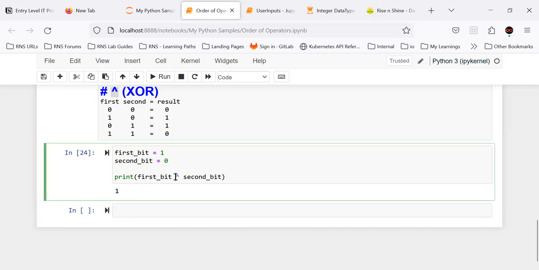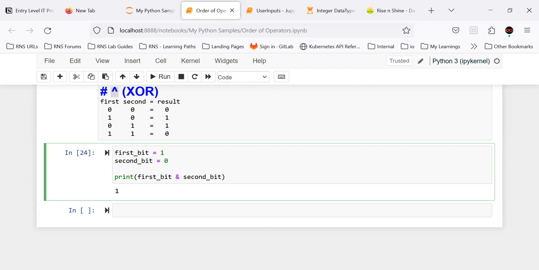Now you see this, I'm using the character. But if I use the AND, what is the value? Can you give me that? Is it 0 or 1? Come on, man. Be active. First bit is 1, second bit is 0.